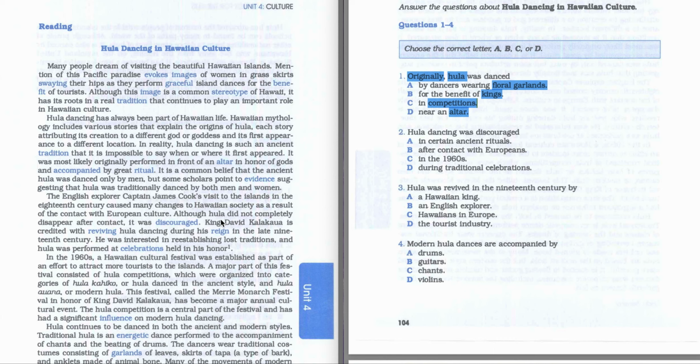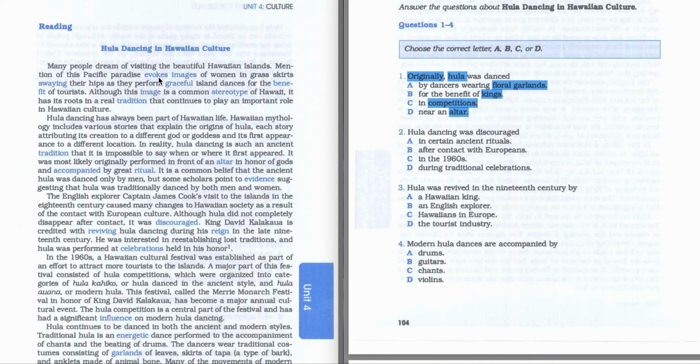Let's scan the text as quickly as we can. I recommend focusing on the options A, B, C or D. If we see any connection, any synonyms related to these words, we can pay attention to that sentence, read very carefully and try to find the answer to our question about hula dancing.